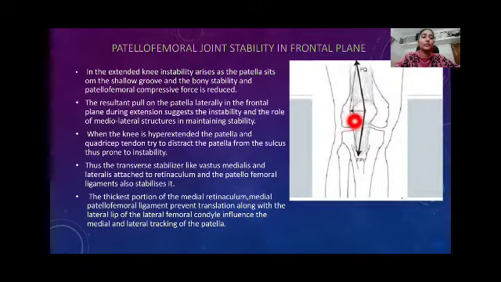So along with the bones, other capsuloligamentous structures and muscles, both passive and dynamic, have to take part in maintaining the stability. When the knee is hyperextended, the patellar tendon and the quadriceps tendon will try to distract the patella from the sulcus, thus causing it to be unstable.